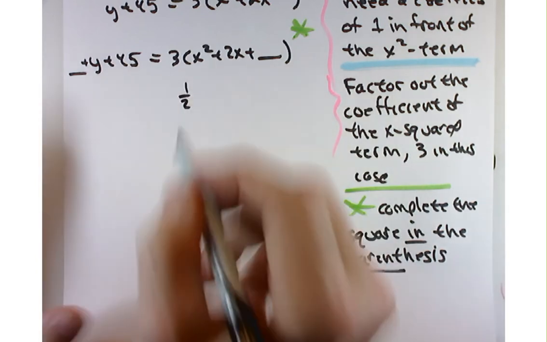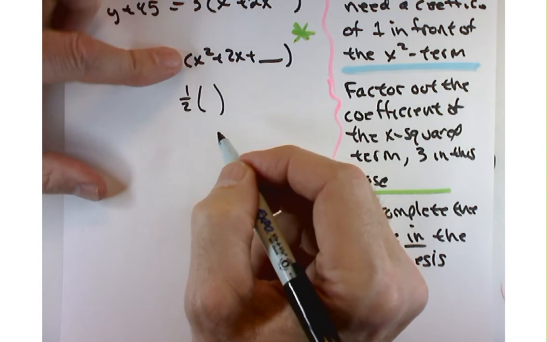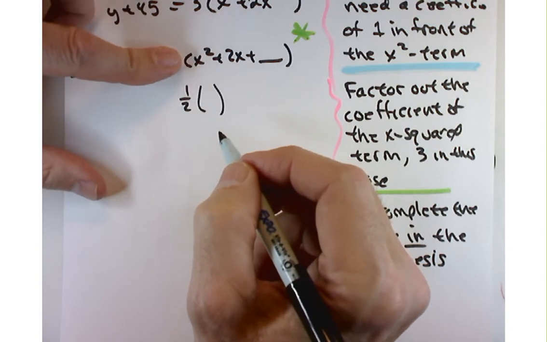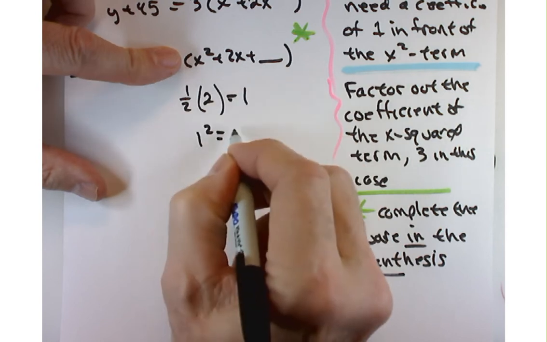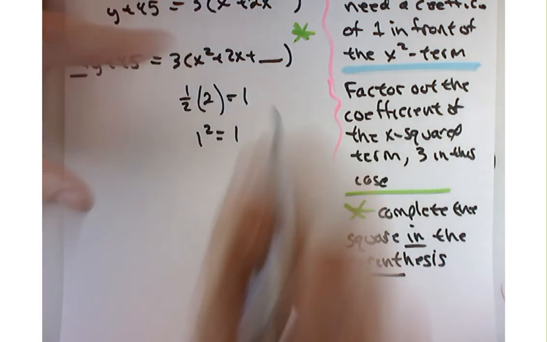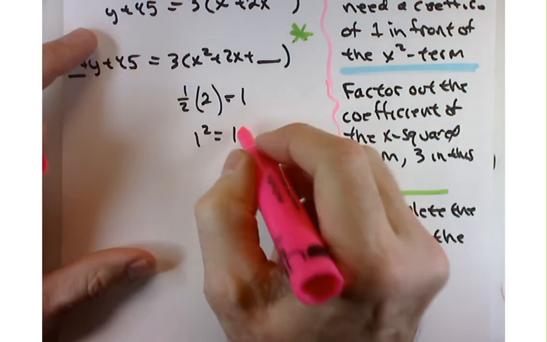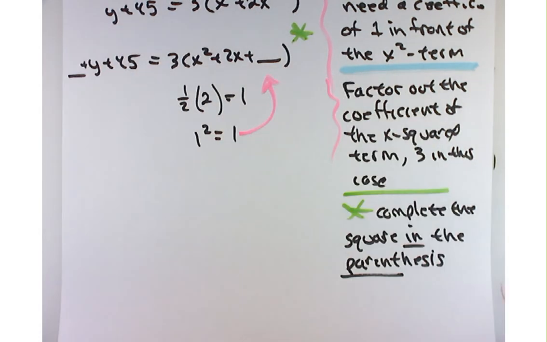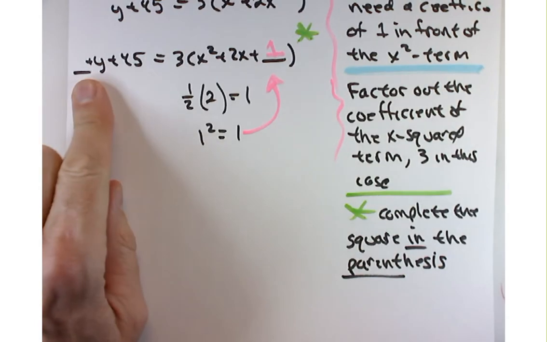It's half of what number? B, so 2. Half of 2 equals 1. 1 squared is still 1. So I'm going to put that 1 right there. But I'm not going to put a 1 over here.